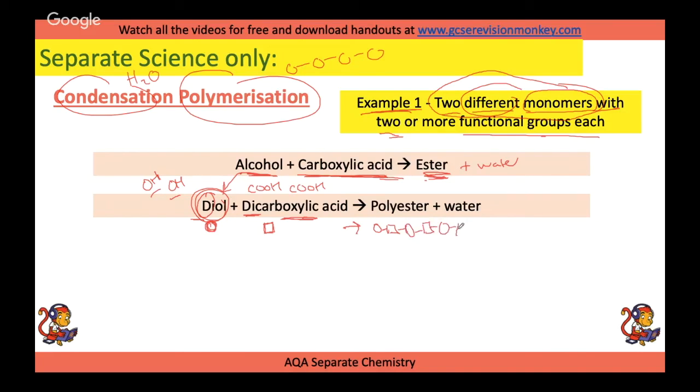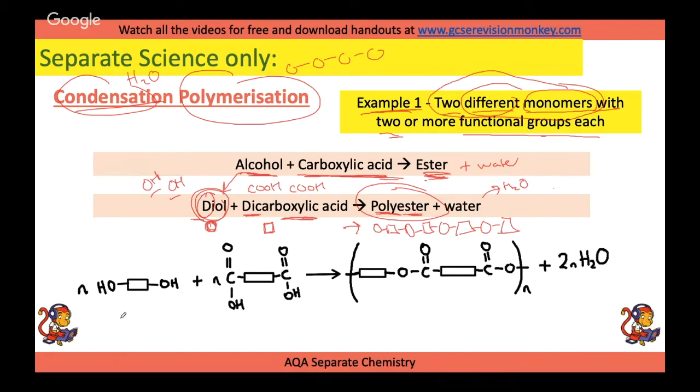And because this time it's not just making an ester, it's making a polymer, we call that polyester. Okay, polymer ester, polyester. And the water bit is because it's a condensation polymerisation reaction. It doesn't have to be water in all of the cases that you'll see, but a small molecule given off. So a diol is represented a little bit like this.